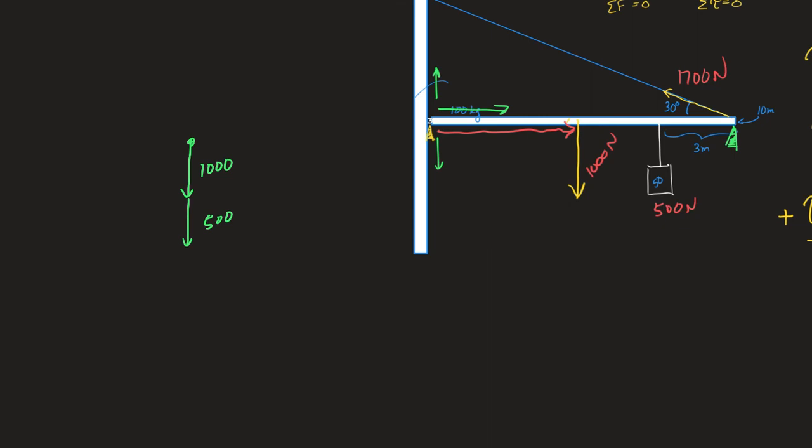Two forces acting downwards, a force acting at an angle, and the wall. I don't know what direction the wall is acting, and I don't know how big the force in the wall is.